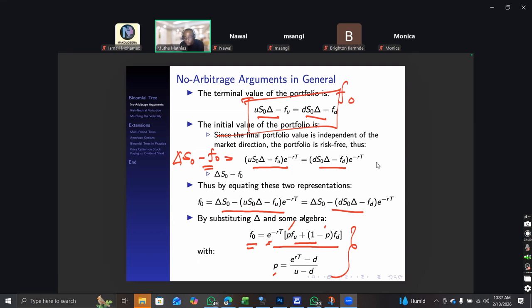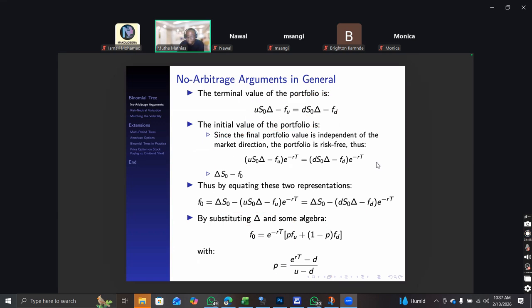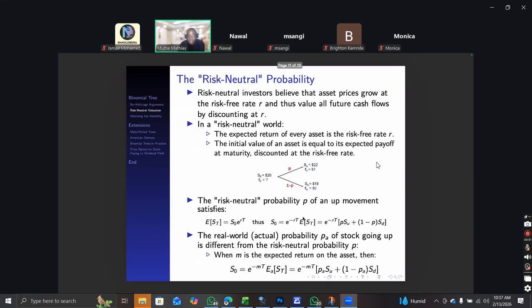And how do we compute them? We compute them by using this one here. Okay. So if you have all this information, then it's very easy to estimate the price of the option, which is F naught. So any question? If something does not make sense. Okay, seems like everything is okay.